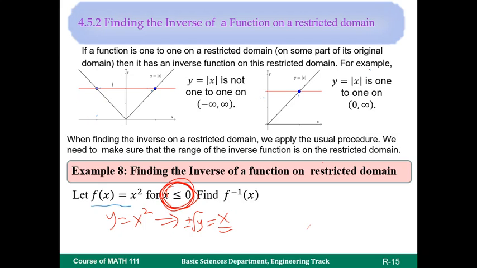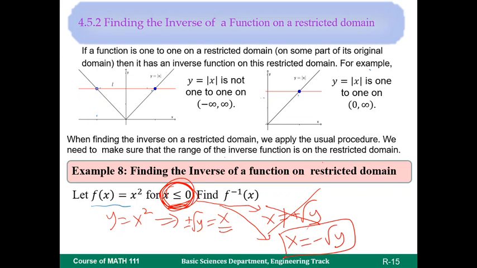It says x is less than or equal to 0. What does this mean? x cannot be positive square root y. It says x should be minus square root y. And you take this one and do the next thing, which is f inverse of x is equal to minus square root of x, because y changes to x and x changes to f inverse of x.